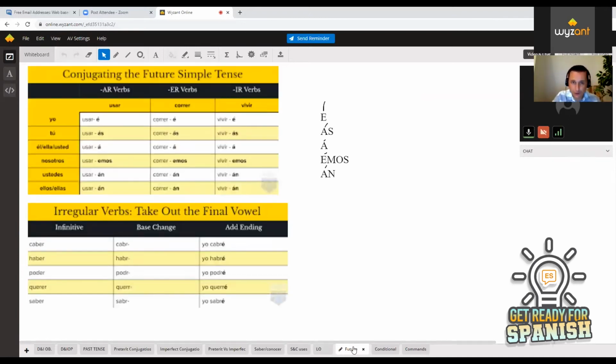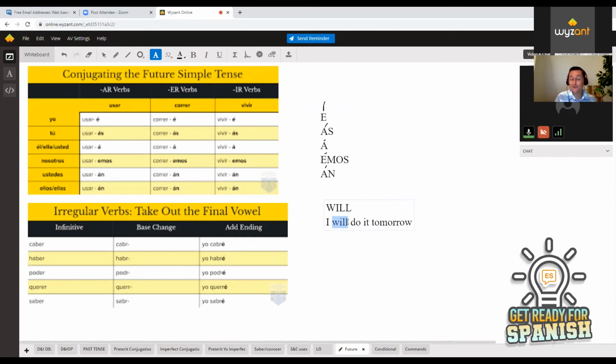Now, for the future tense, what do we have here? The future tense in English is formed with will. Like, I will do it tomorrow. Okay? So in order to say will, in Spanish, we don't have an auxiliary verb like you do in English. We have a different ending.